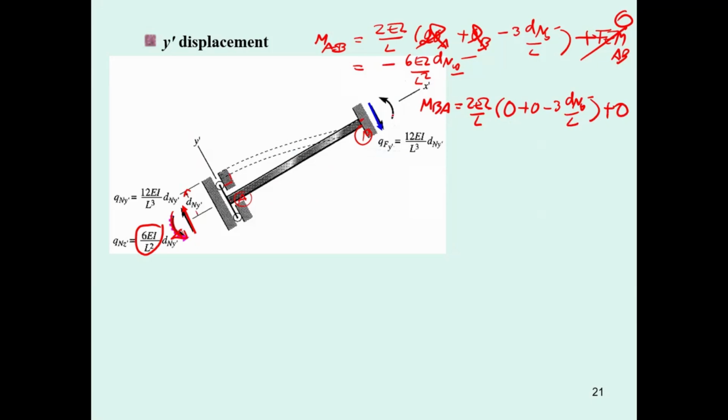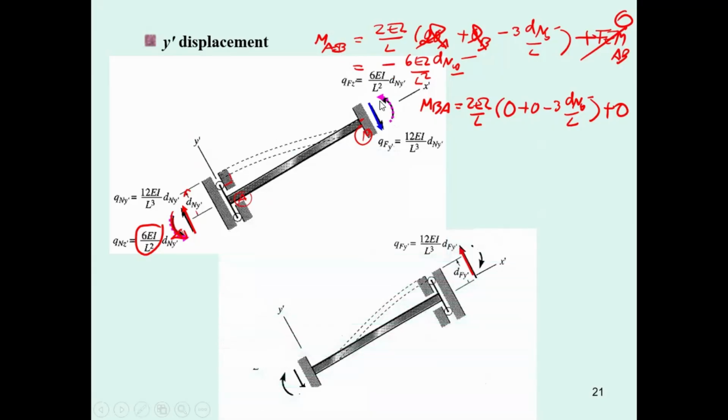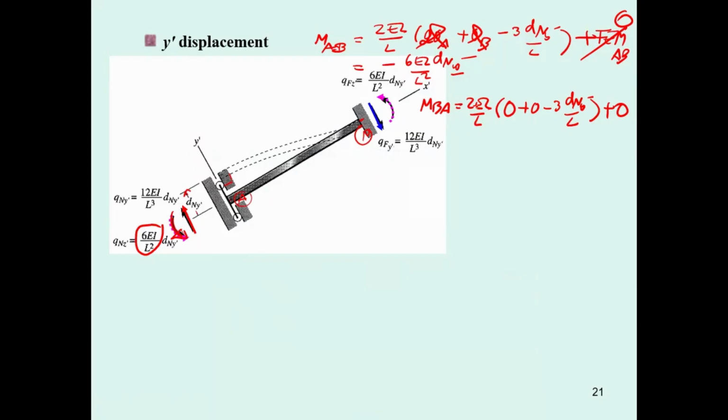Now you're going to get the moment over here to be the same. 2 times 3 is 6, and then EI divided by L squared D sub n y. Okay, and then after you get this kind of deformation, why is it negative? If you recall previously, in the slope deflection, this way is positive. So when it is negative, you get this kind of rotation.